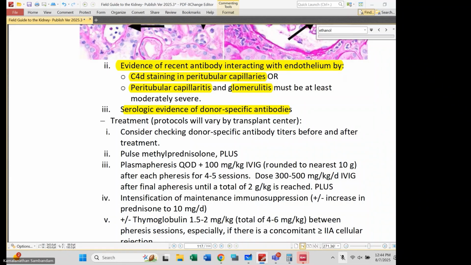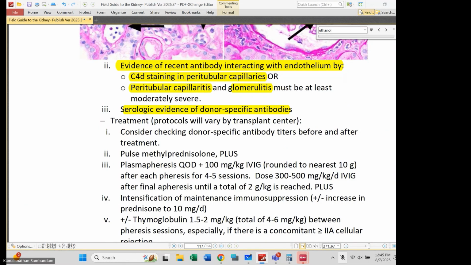In fact, it is often used as an internal positive control to make sure your C4d stain is believable. If I have a negative C4d, but my glomerulus is also negative, you say, I'm not so sure this was a good C4d stain. So C4d staining in the glomerulus is pretty much universal in post-transplant biopsies.